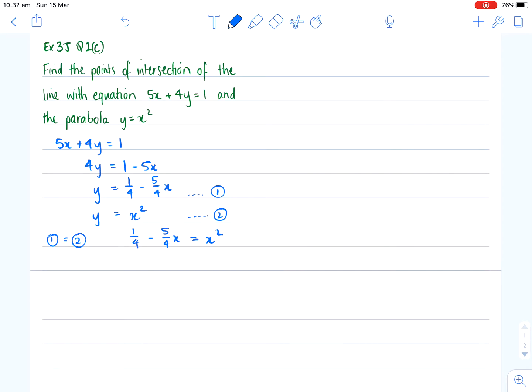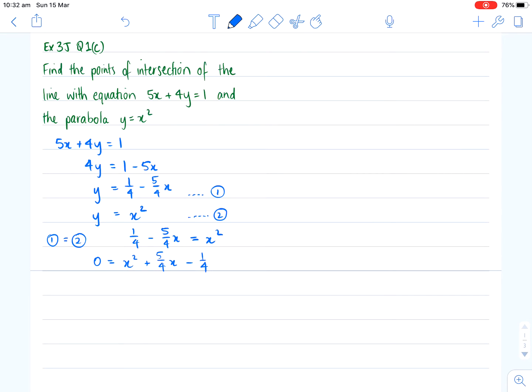Okay, my next step is to move all of my variables and all of my terms to the same side of the equal sign and make it equal 0. So I can rewrite this as 0 = x squared + 5/4 x - 1/4.